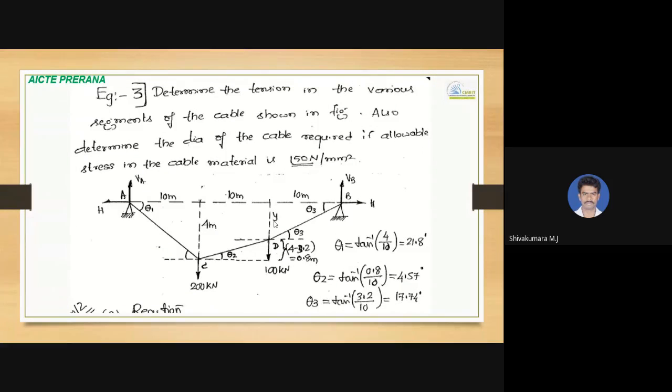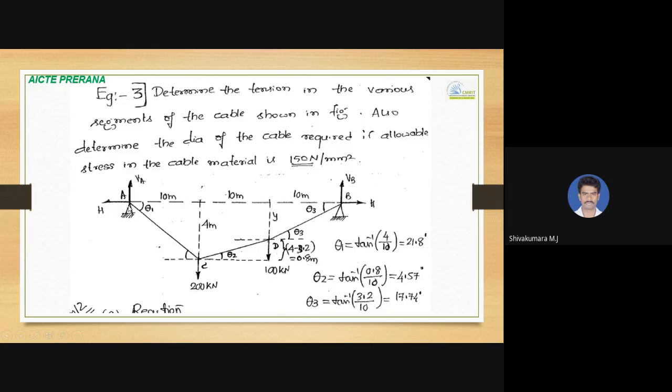So in this problem, we need to determine the tension force in the various segments of the cable, and also we need to determine the diameter of the cable required if the allowable stress in the cable is 150 Newton per mm square. See this cable A, B, C, D, and the direction of CD, CA, and DB is not given here. We need to calculate by looking at the geometry.